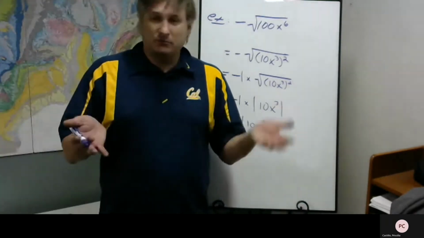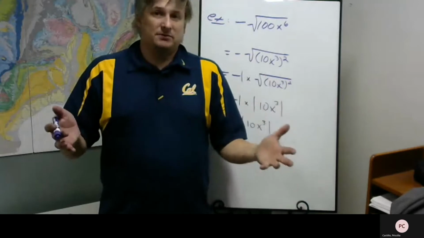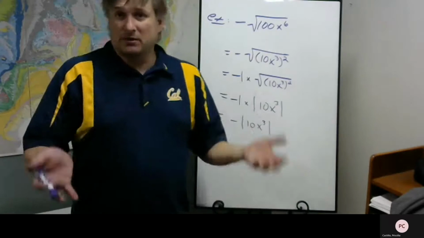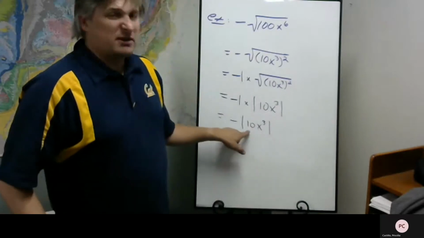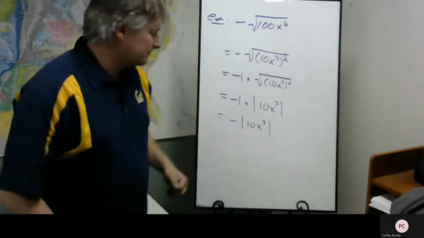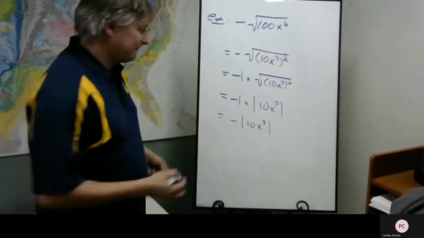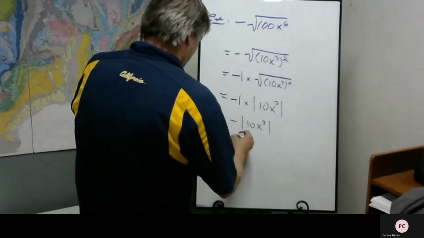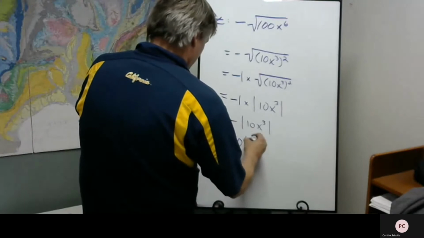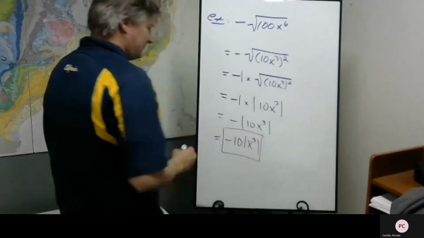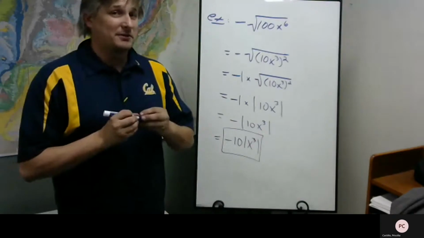If we choose -1, -1 cubed is -1. We would still need to take the absolute value to make everything positive. But since this is already positive, we can pull it out. Now this we've declared to be negative, so we're just going to leave it that way. And that's going to be your answer.